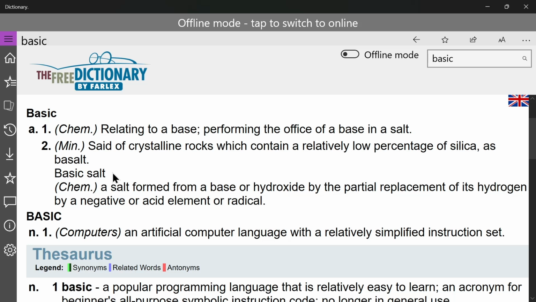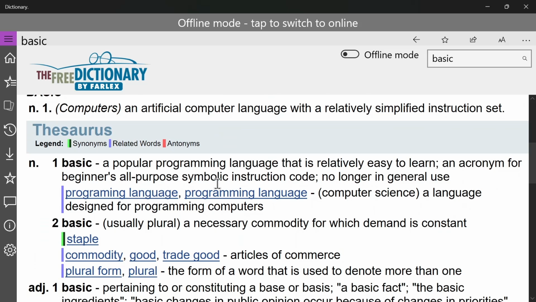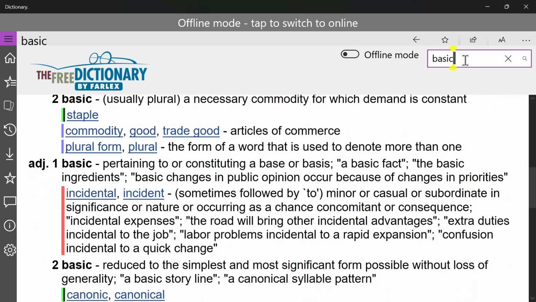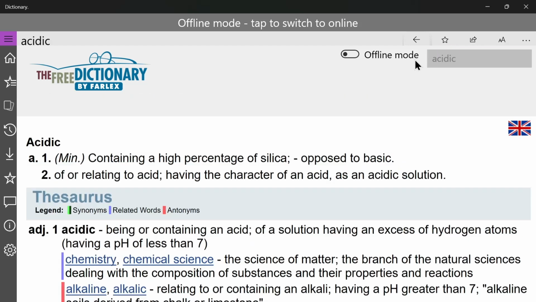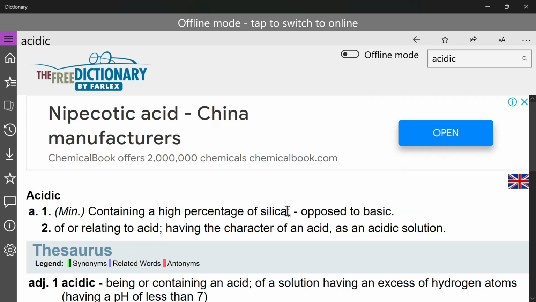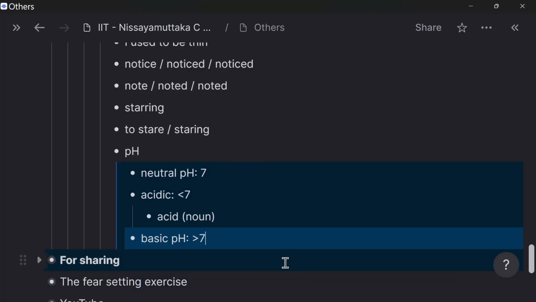I think it's basic. Let me check for acidic, right? It's easier. Acidic. Containing a high percentage of silica. Opposed to basic. Yeah, you see? So basic. Acidic and basic, okay?